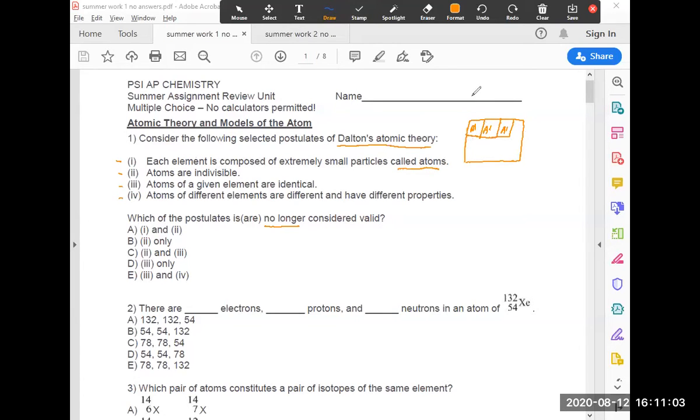So atoms are the smallest part of the matter that still has the same properties of the element we have chosen. If we start breaking the atom, aluminum for example, Dalton says atoms are indivisible.